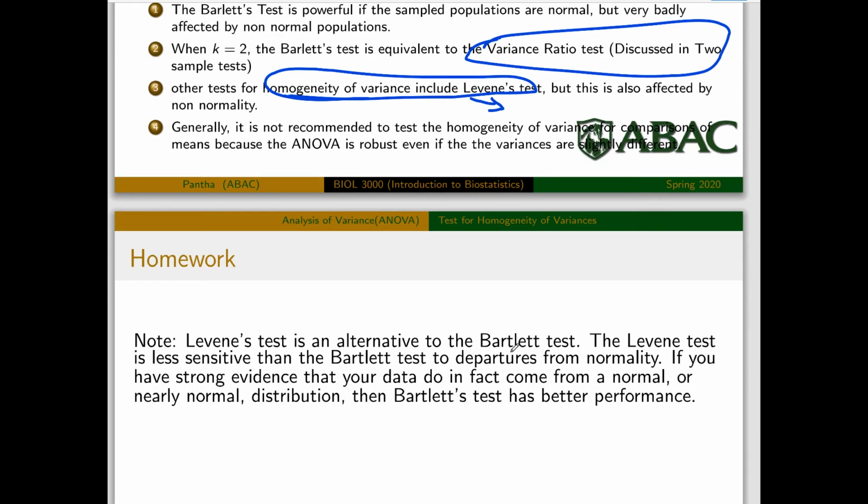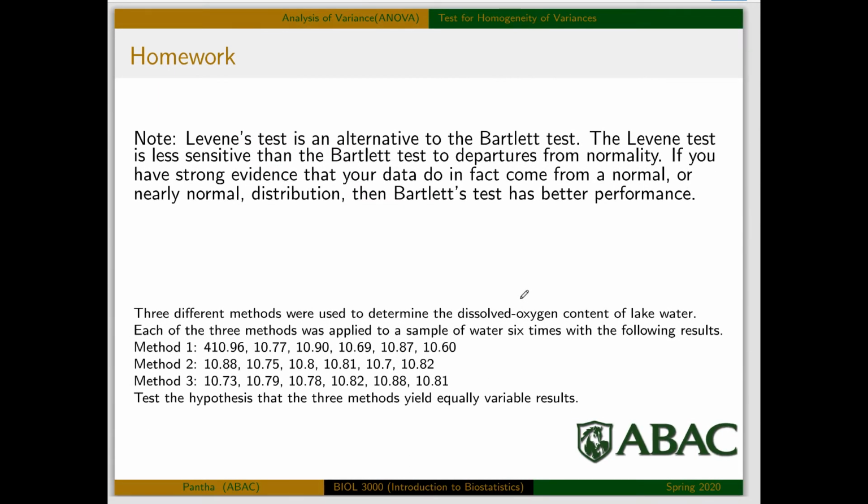So usually in data analysis, unless you go into very in-depth analysis, you don't show that, just check the normality. But it is better if you show the homogeneity of the variance in all the data before or after you do the ANOVA.